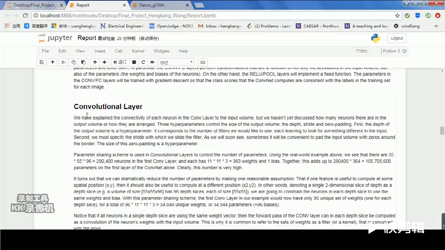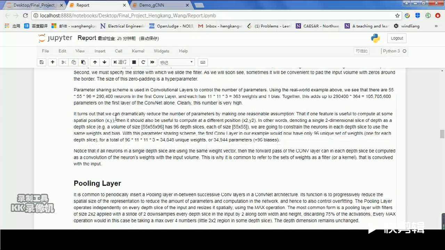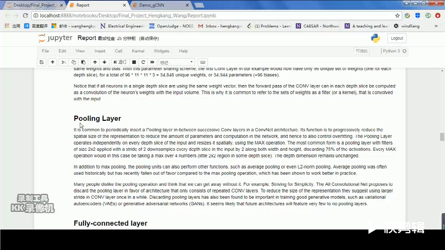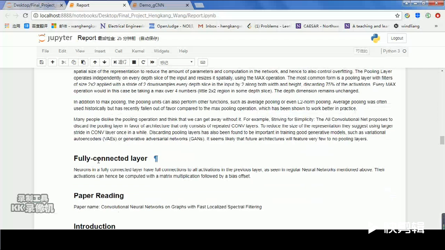Next, I introduced the convolution layer in detail because this is the most important part in CNN. And I introduced the pooling layer and the fully connected layer. Actually, this part is very similar to the general neural network, so I don't mention too much in this section.